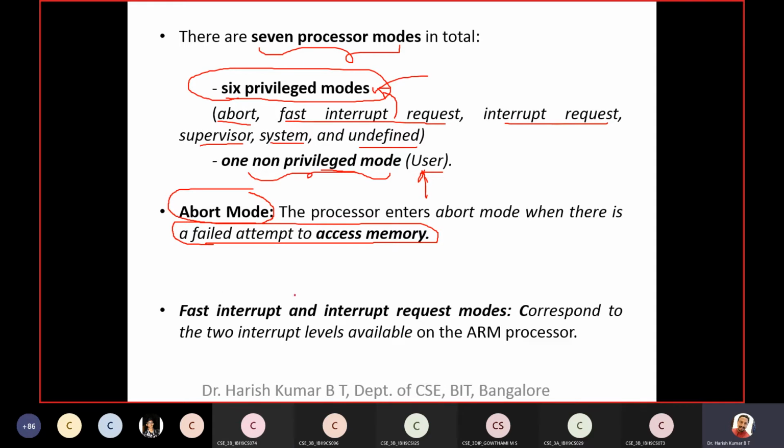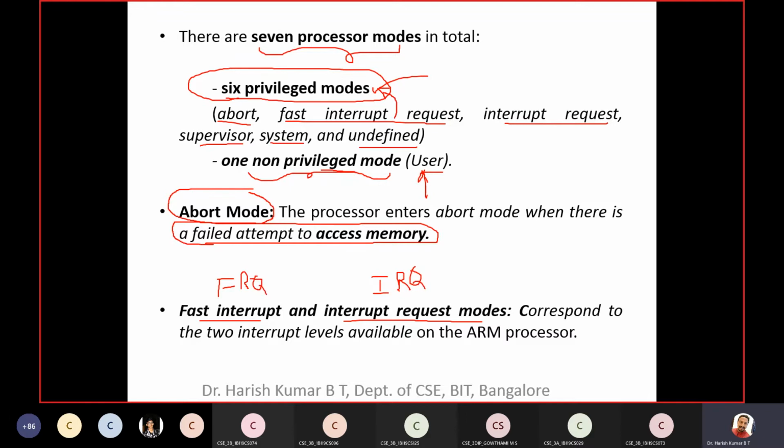Okay, next, fast interrupt or interrupt request mode. This is called IRQ, interrupt request mode, and the other is FIQ, fast interrupt request.